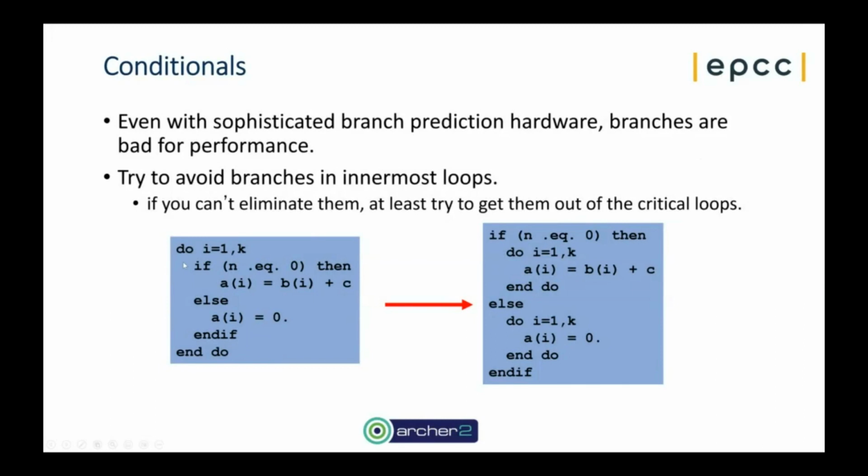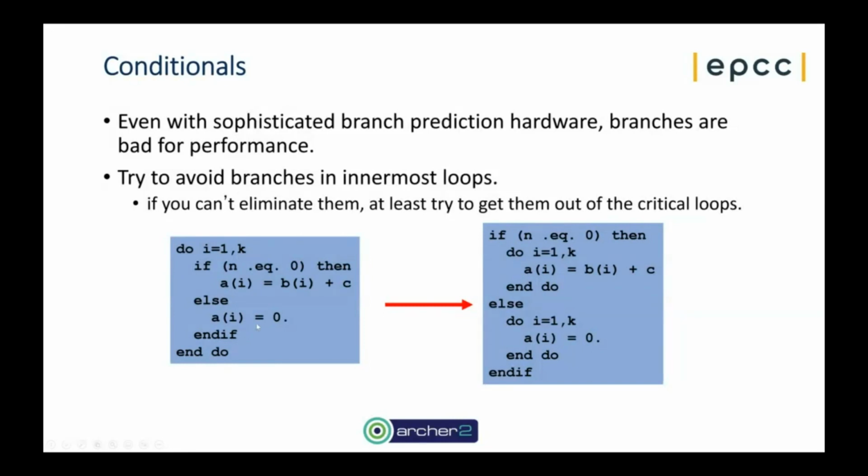So there is a branch every time we have an if statement, because it's got to say, is n equal to 0? If it is, execute these set of instructions, otherwise execute those ones. There's actually a branch at the end of this do loop as well every time we go down, but it's saying, is i equal to k or not? Okay, go around. But that's a much more predictable branch, and so the branch predictor can do a good job there, especially if k is large. So we don't worry too much about that one.